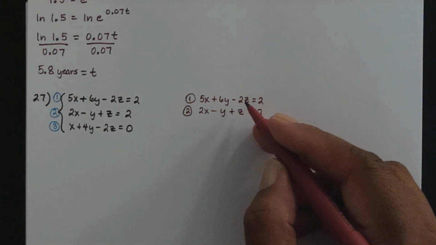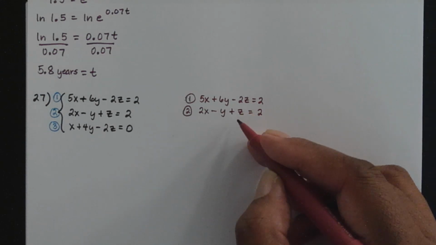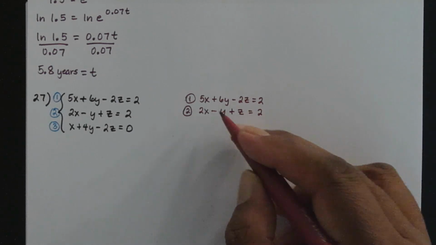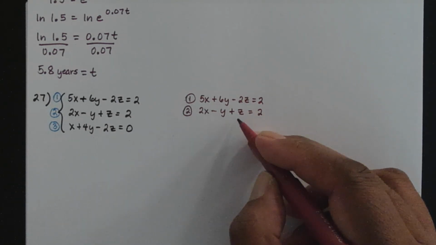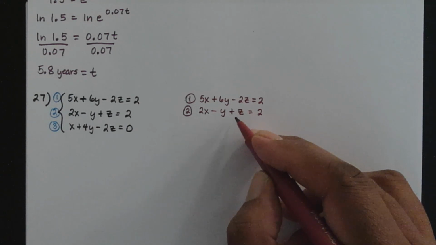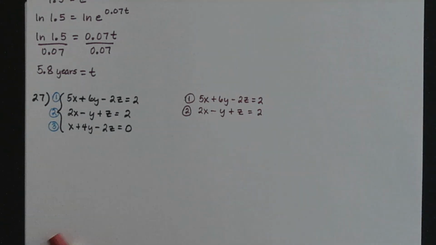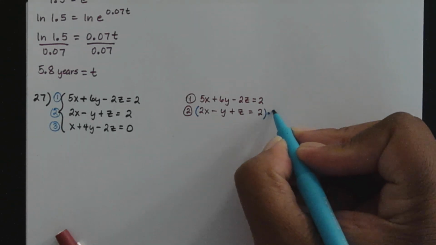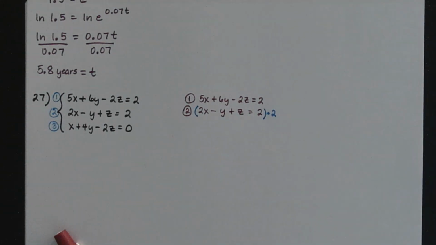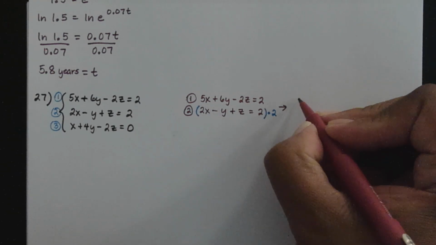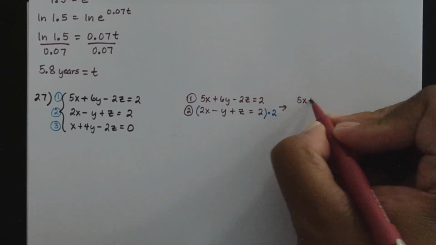I'm going to try to eliminate the z in equations 1 and 2, because notice I have a minus sign and a plus sign here. I could eliminate the y if I wanted to, but I'm going to eliminate the z here. If I want this plus z to be a plus 2z, I need to multiply that second equation by 2. So the first equation stays the same.